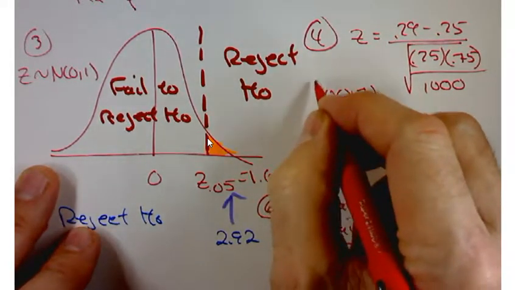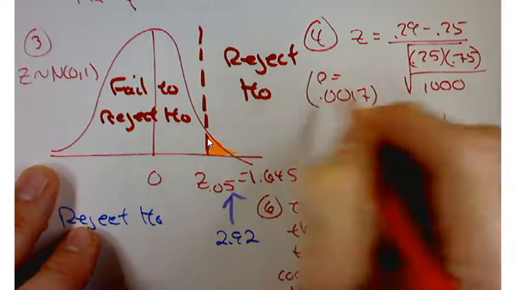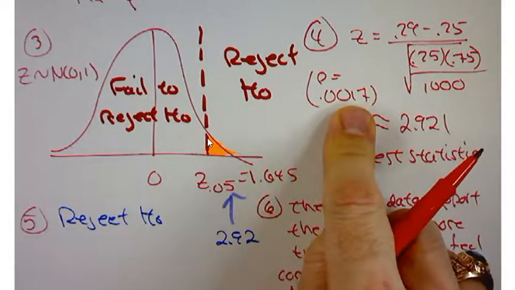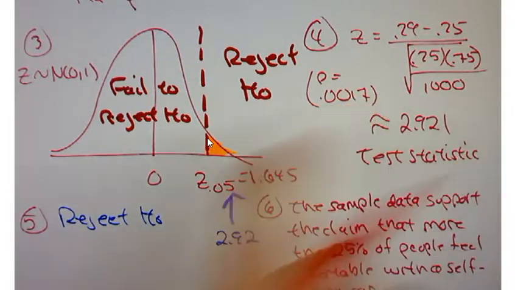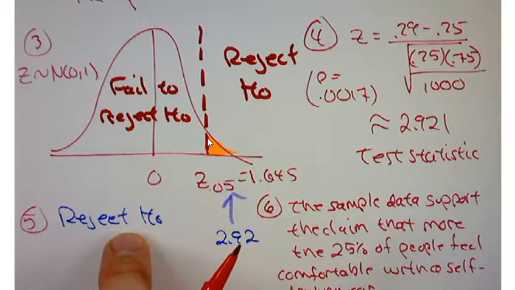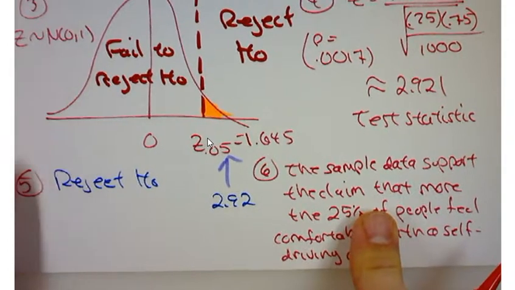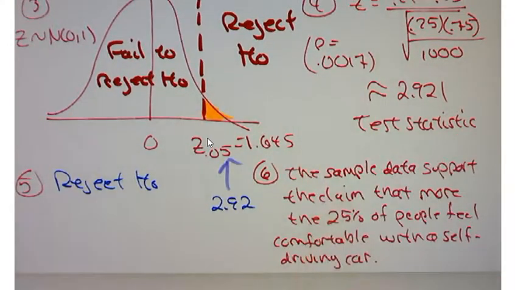So that's our p-value. But since that's less than 0.05, you still get the same conclusion. You reject H0. And then you state your conclusion in words as before. But the p-value is nice because it's going to simplify things for us. We're not going to have to work as hard.